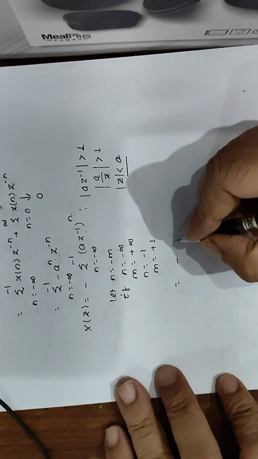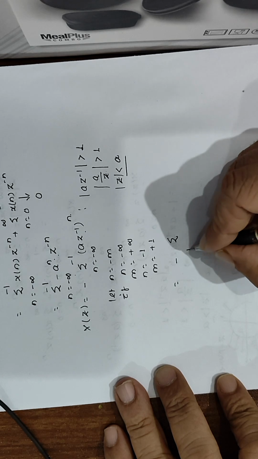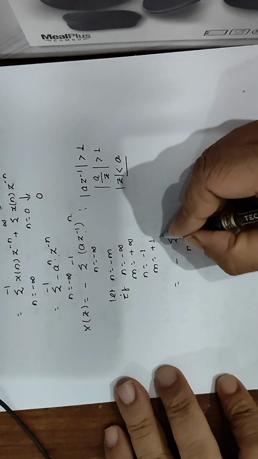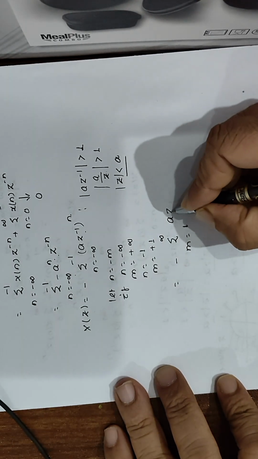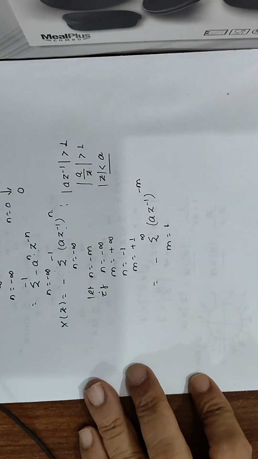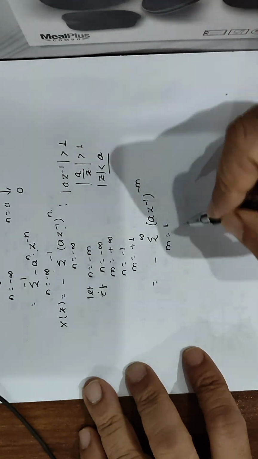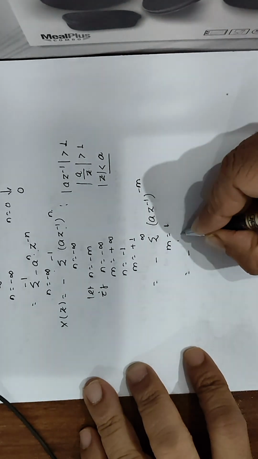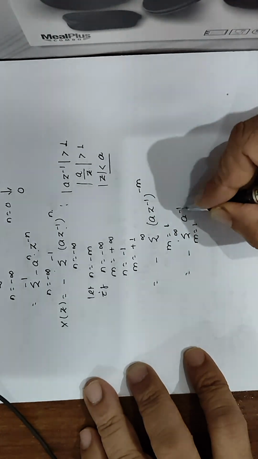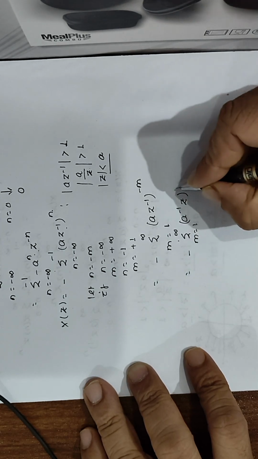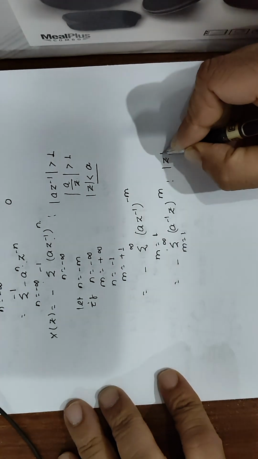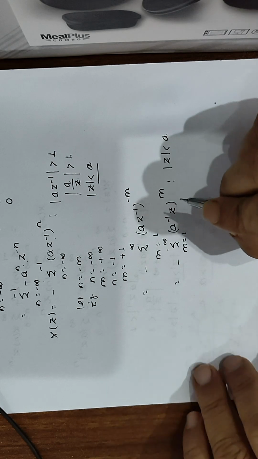So this is minus, and now replace n by m. m becomes 1 to infinity, and this term becomes a z inverse whole power minus m. Bring this minus inside, so this becomes minus the summation of m equal to 1 to infinity of a inverse z whole power m, and the ROC is mod of z less than a.